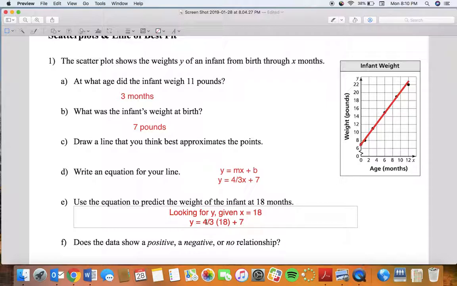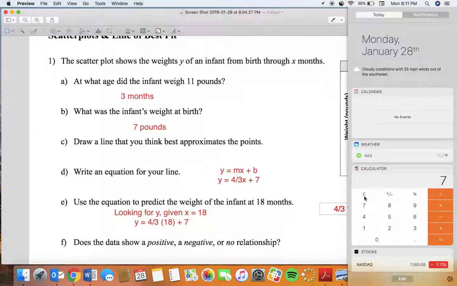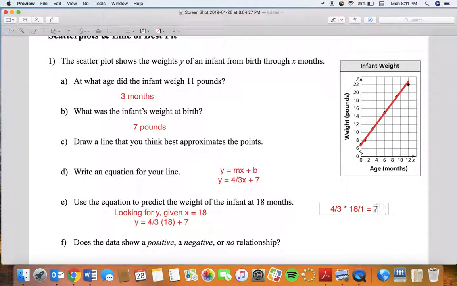Now I've got some fraction multiplication over here. Let me start a new text box for that. This is not the ideal place to draw or write fractions, as you can probably imagine. So 4/3 times 18/1. I need to multiply straight across. So first I'm doing 4 times 18. I don't know what that is. I'm just going to put it in my calculator. That is 72. And then across the bottom, I'm multiplying 3 times 1 is just 3. 72/3 seems like it should simplify.